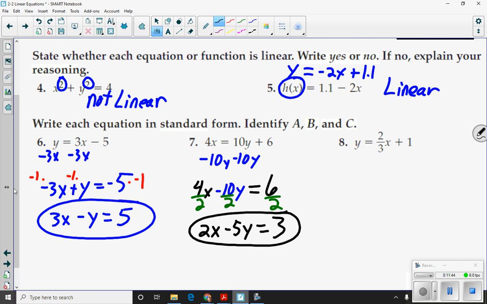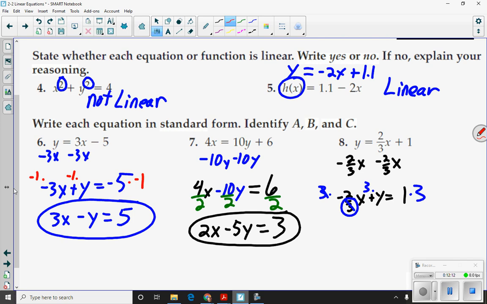Last one, it has a fraction in it. Oh, don't worry about it. Let's just minus the 2/3 x. Treat it like it's a whole number. Minus 2/3 x, and you get a minus 2/3 x plus y equals 1. Not standard form because there's a fraction in it. What's your common denominator? It's a divide by 3. So let's times by 3. Do the opposite. Times by 3 and times by 3. 3 cancels the 3 on the bottom. Actually, you know what?